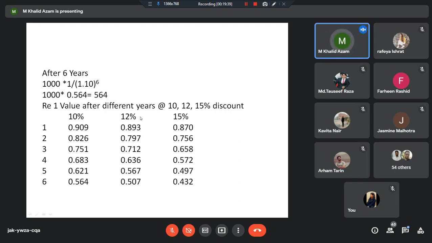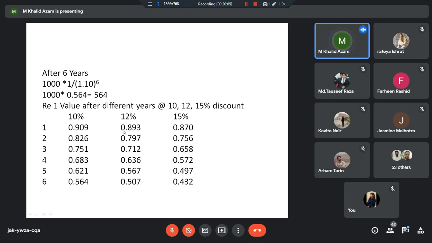So what will happen when the rate of discount is increased? The value which is going to remain will be reduced. So from 0.909, it has come down to 0.893. Similarly here also, if we discount all the amounts at 12%, whatever I am getting in first year, second year, third year and all.